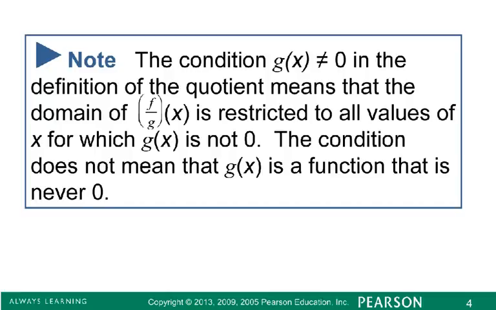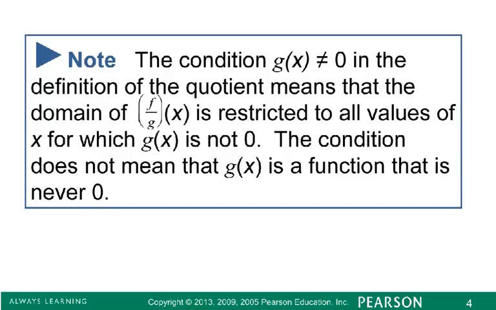All right, this little note right here is kind of important. I just want to make sure you know that this does not mean that we have a g of x function that is equal to 0 and we're excluding that. What we are excluding are values of x that make our denominator equal to 0.